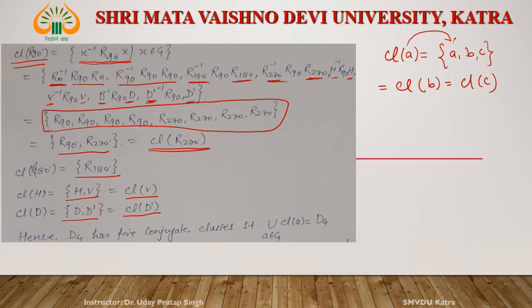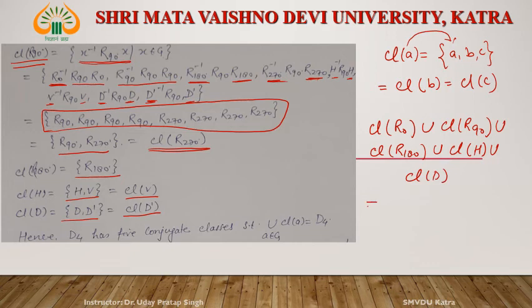Now see, CL R0 union CL R90 union CL R180 union CL H union CL D. What is CL R0? R0.